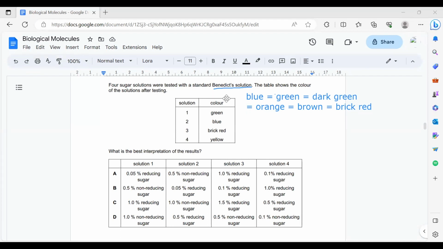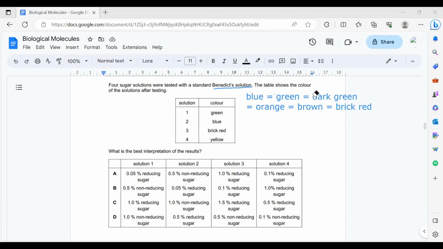Solution 1 has green color, so it has some reducing sugar present, not a lot. This progression also shows a quantitative result of how much. It does not give an exact value, but it gives you an idea of how much reducing sugar or non-reducing sugar is present in a solution.